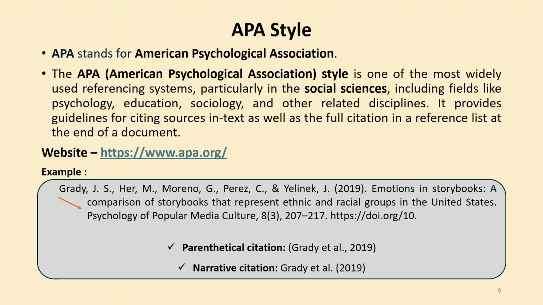towards APA style, because APA style basically proposes how you have to refer to various kinds of academic materials. And here I would just like to highlight that to refer to a book, the technique is different. To refer to a paper, the technique is different.